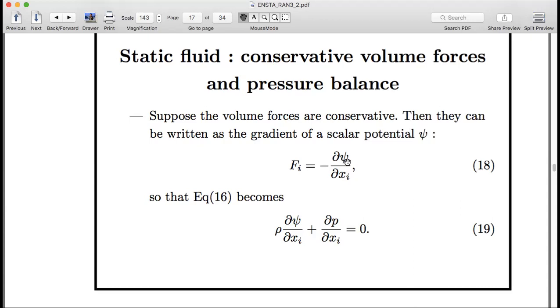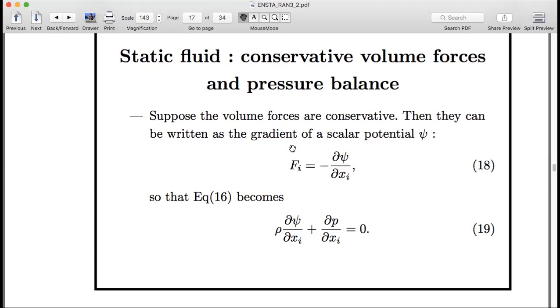There's no gravity in the x direction. Similarly for y. But if I take d by dz of z times 9.8, I get minus 9.8. So that gives me the 9.8 newtons per kilogram negative, because it points in the minus z direction, points downwards.